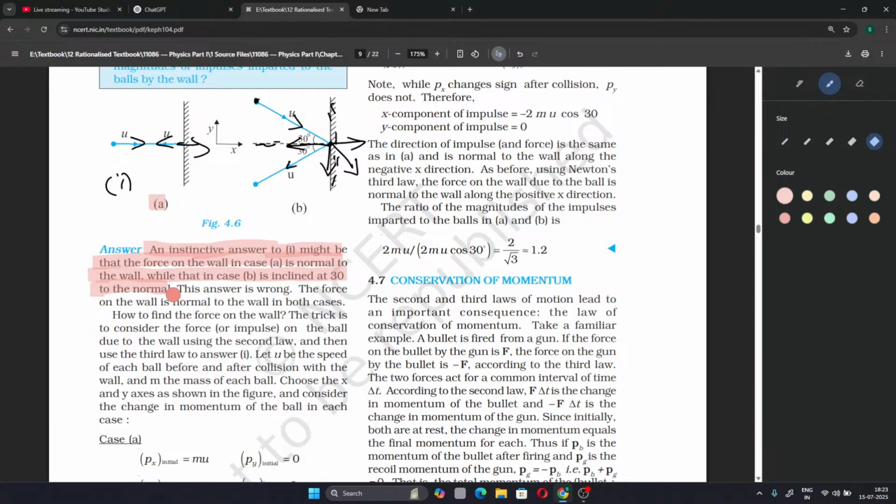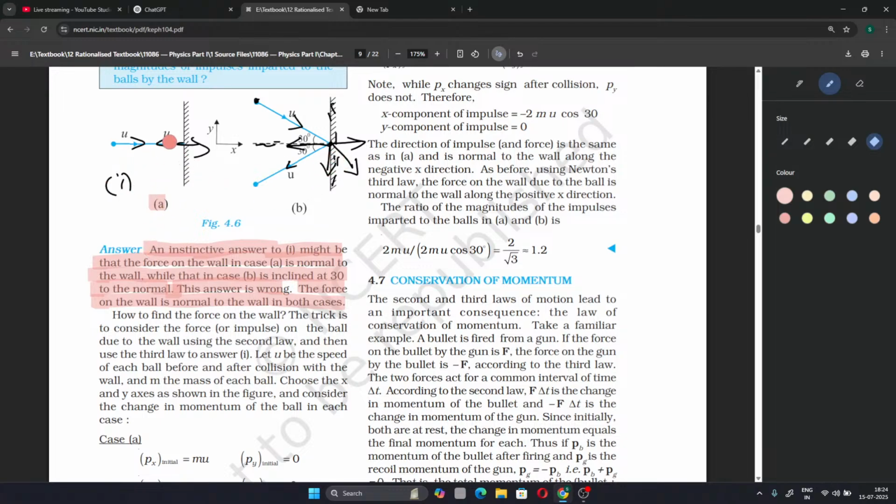Wait, they are saying this is wrong. So whatever I said might be wrong. Let's see. The force on the wall is normal to the wall in both cases. Okay, what I said is indeed correct.